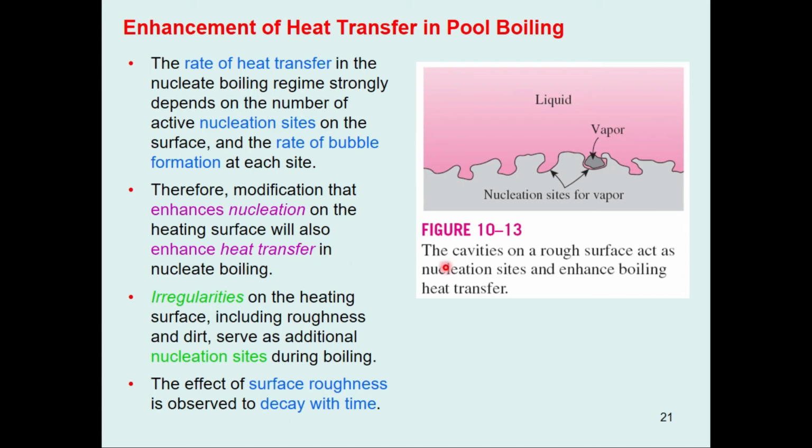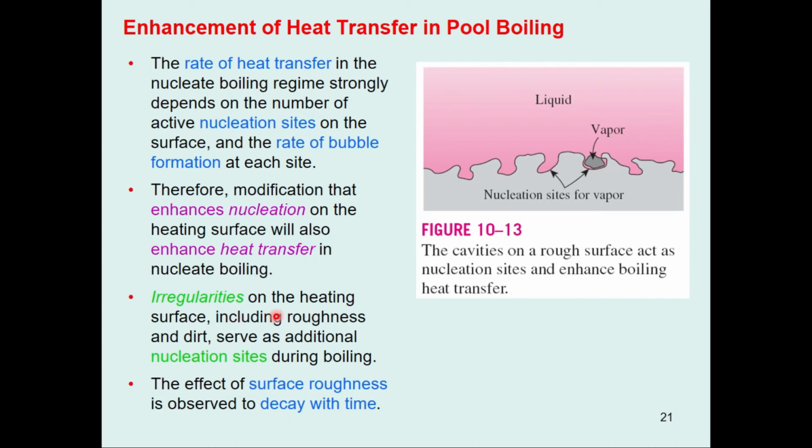So what we can do is make the surface rough, with the presence of irregularities, right? This is the solid surface, and if we make it an irregular surface with different bumps, we can increase the rate of heat transfer in nucleate boiling.